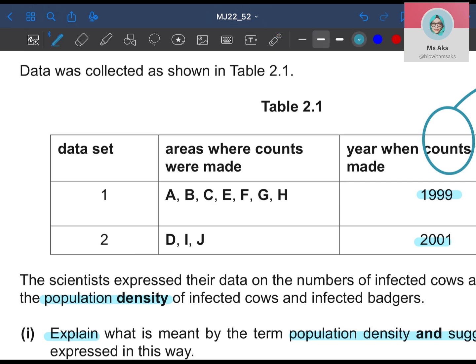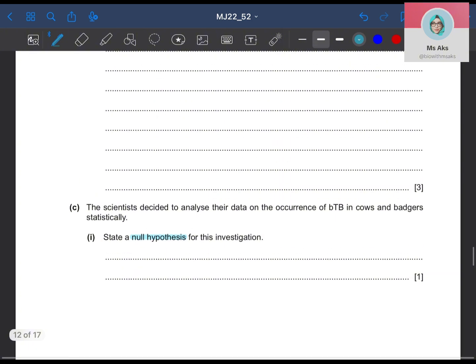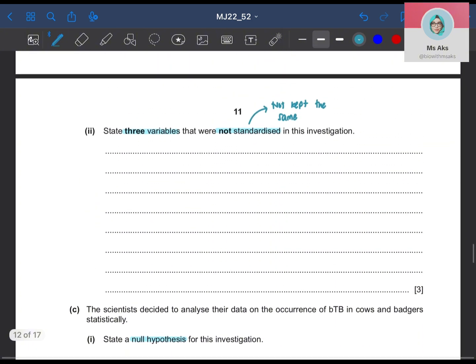So the number of counted areas as well could or should have been kept the same or standardized. All right, so those are the possible points that we could put here.